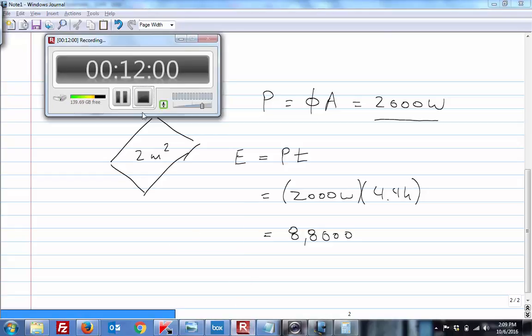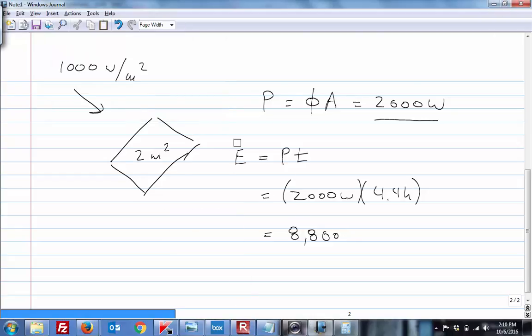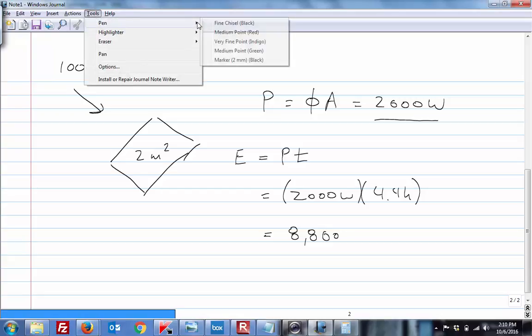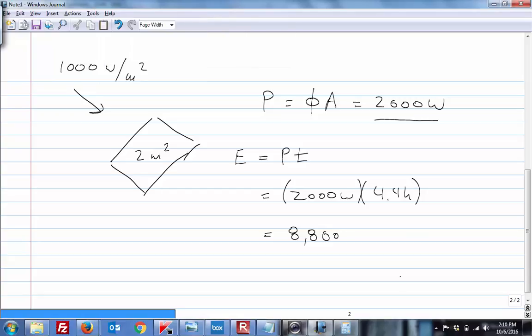Okay, so the technology is running at 8,800 watt hours per day, and that's the same as 8.8 kilowatt hours per day. Now, basically, this is the same as 88 cents worth of energy per day.